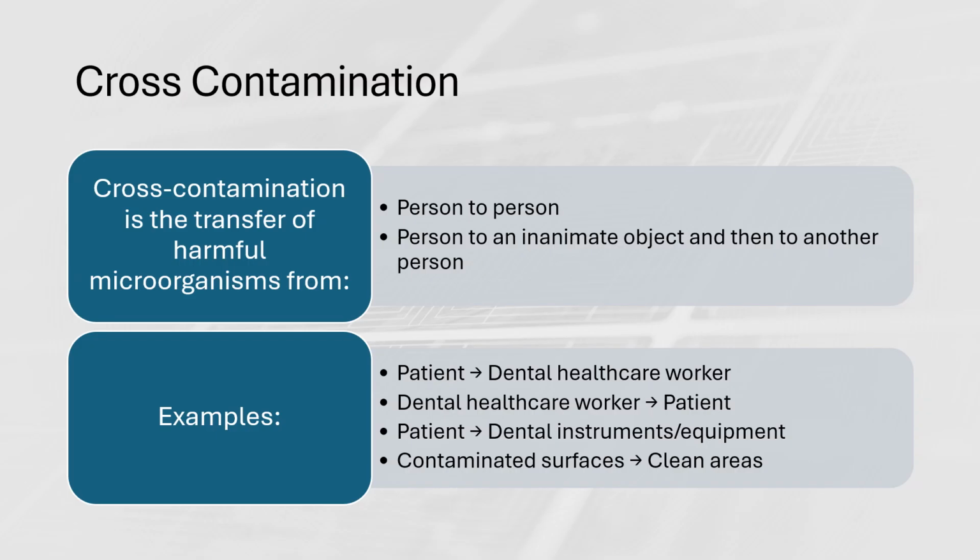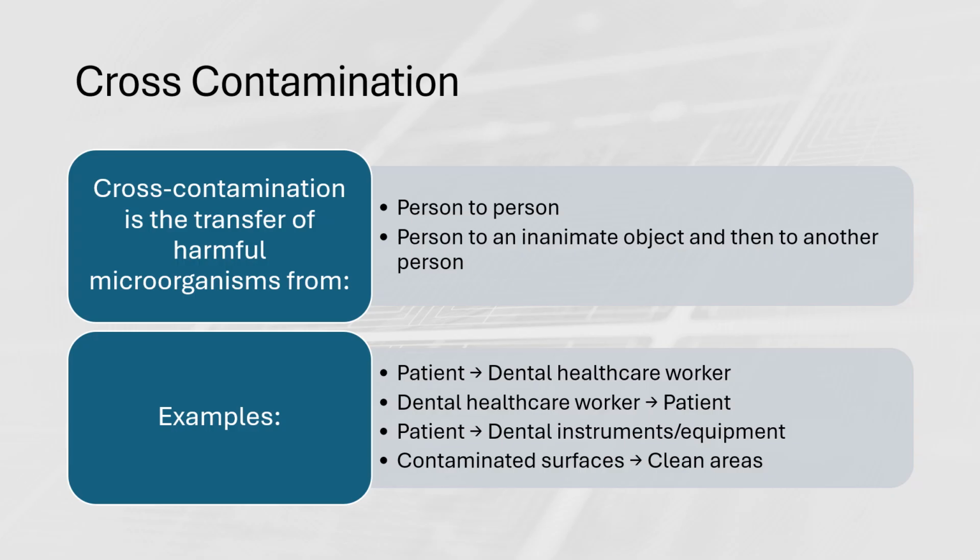So since now we know that we have bacteria in our mouth, and as dental hygienists we're going to be working in the mouth, and we understand what infectious agents are, now we have to understand a little bit how cross-contamination happens. Cross-contamination is the spread of microorganisms from one source to another.